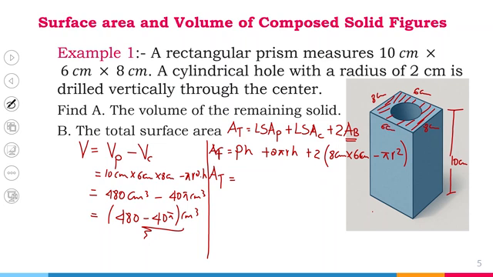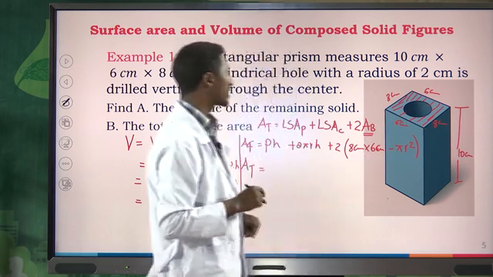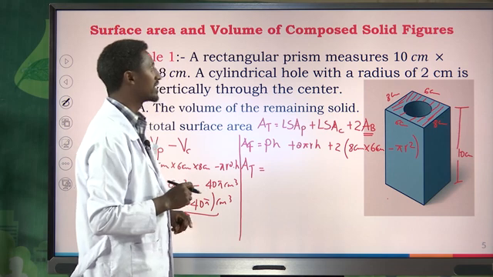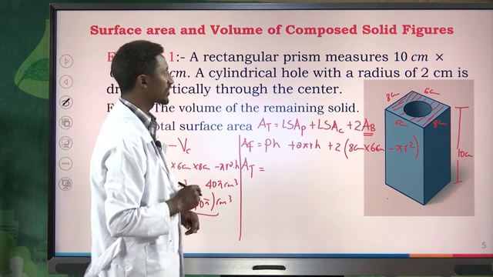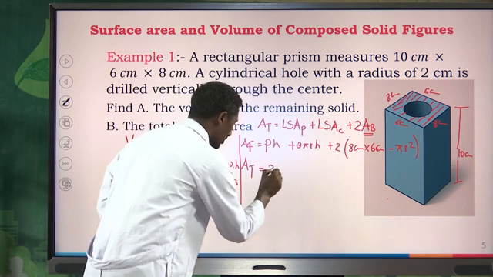So what is the perimeter now? It is the sum of these 4 dimensions, 8 plus 6, that is 14, times 2. Or we can add all values. 8 plus 6 is 14, times 2 is 28.